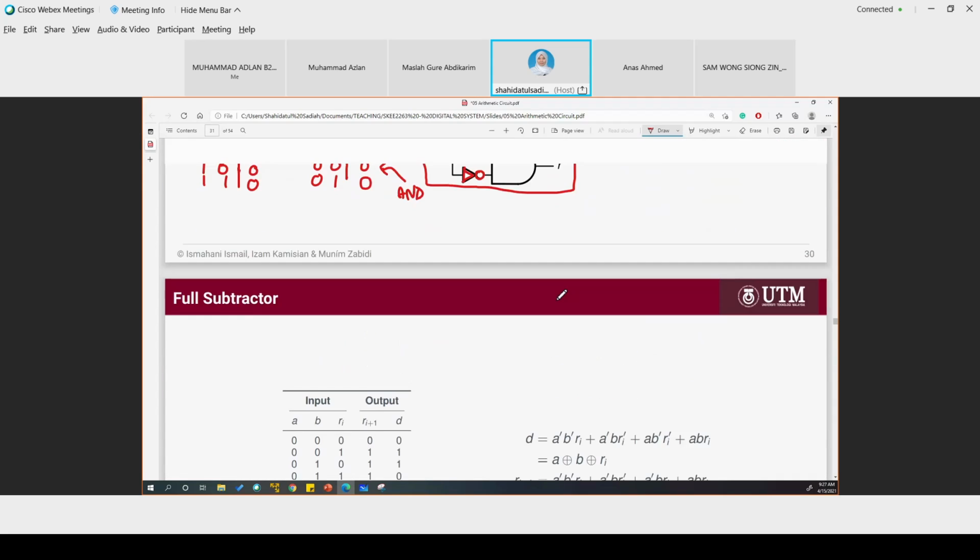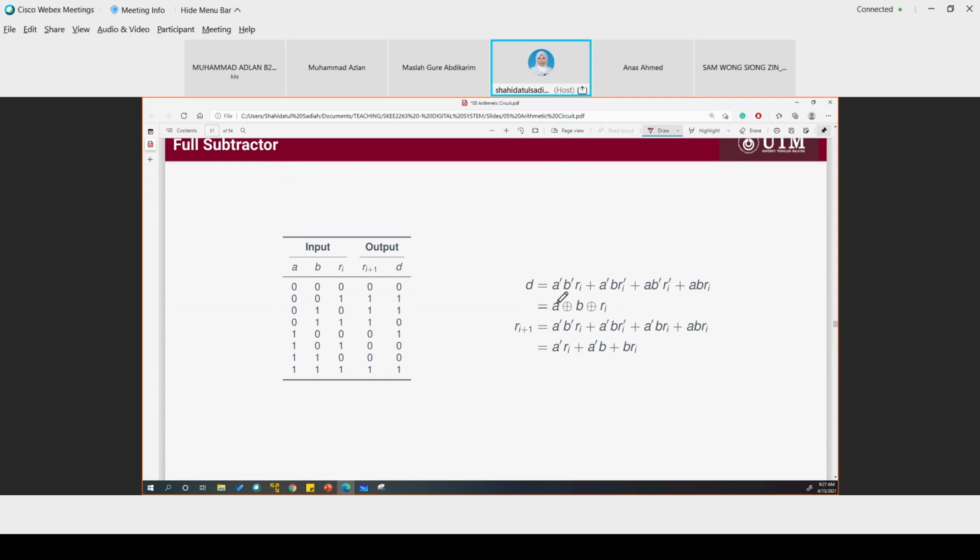And then for the full subtractor, we have the input A, B, and this is the borrow in.